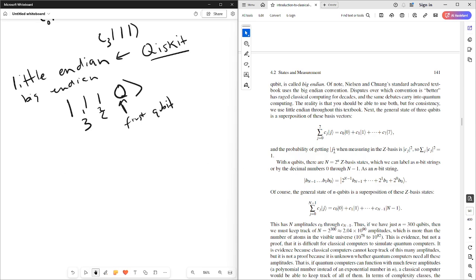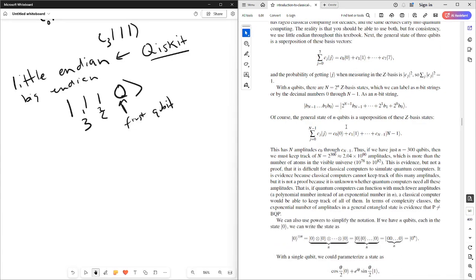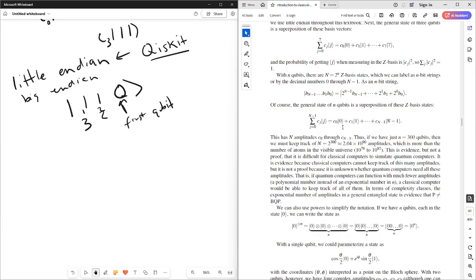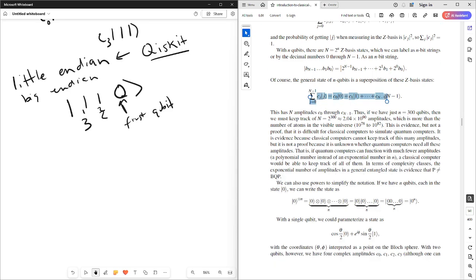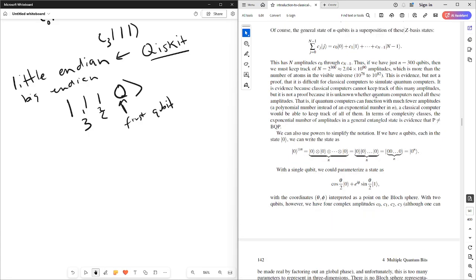You can generalize this in this form. Yeah, not something that's really important. I haven't seen anything specific about it. Let's just keep moving through here. This is not really vital.